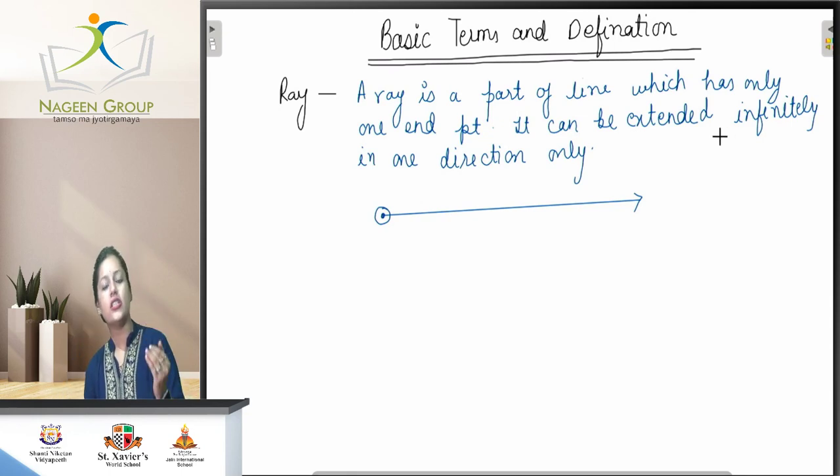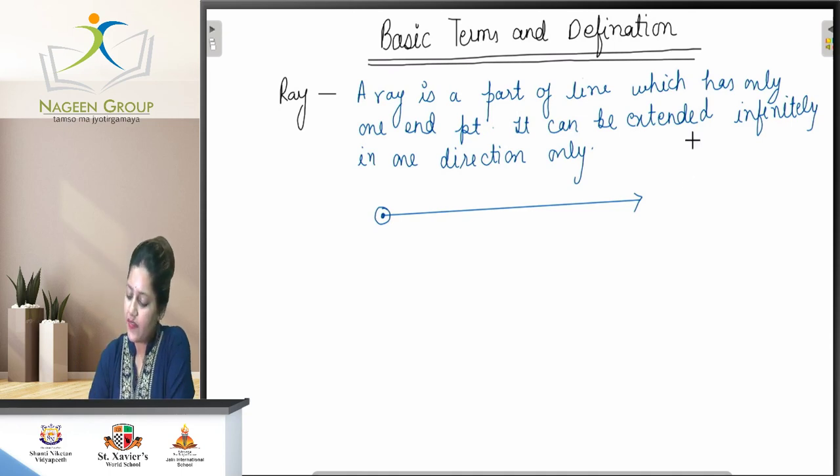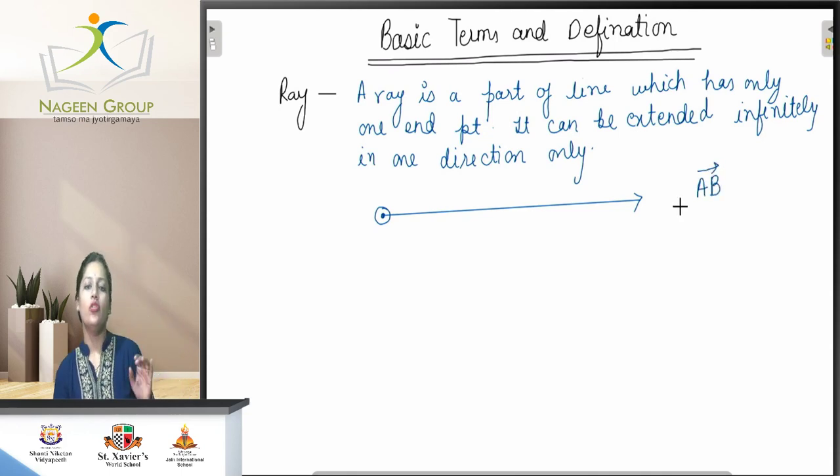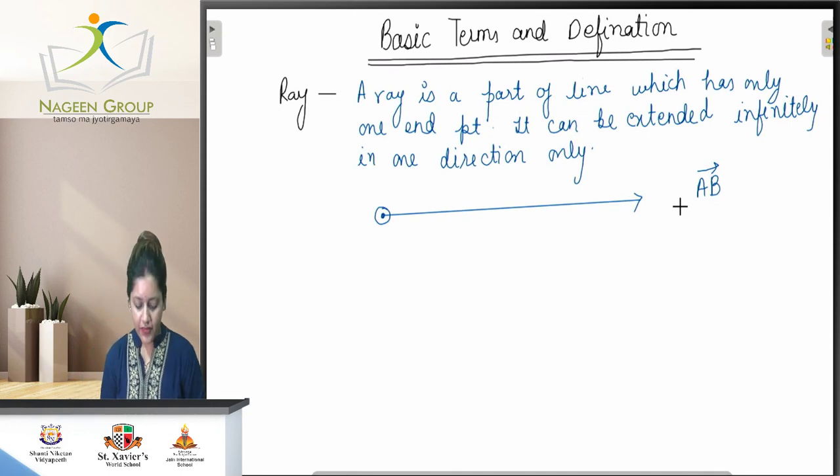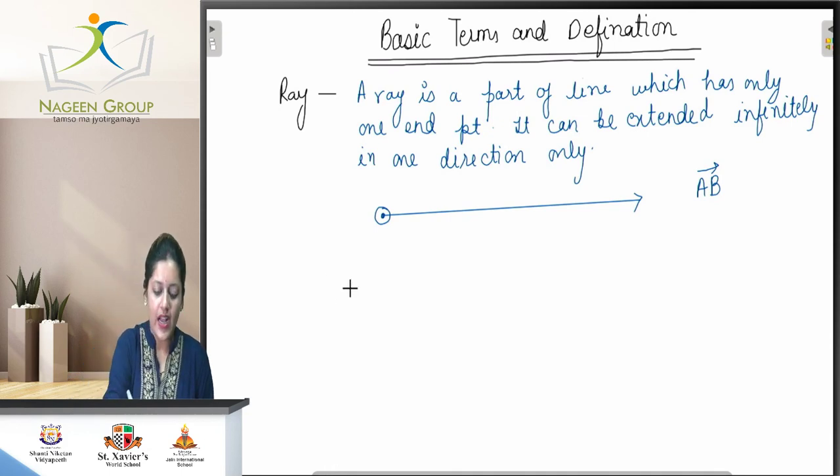It can only extend in one direction. That's why it is known as a ray. Second thing you have to know: a ray is denoted by the symbol AB with an arrow over it.